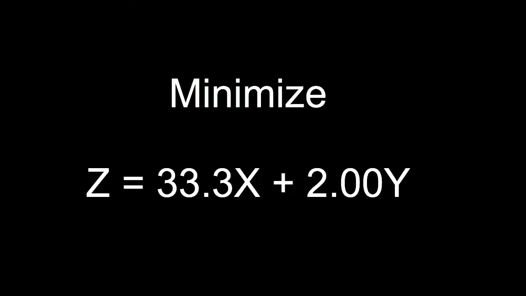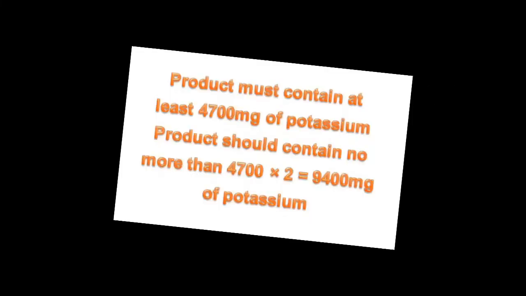So after getting the objective function, we now work on our constraints. It is given that the product must contain at least 4,700 milligrams of potassium, and the product should contain no more than 4,700 times 2, so we have 9,400 milligrams of potassium.